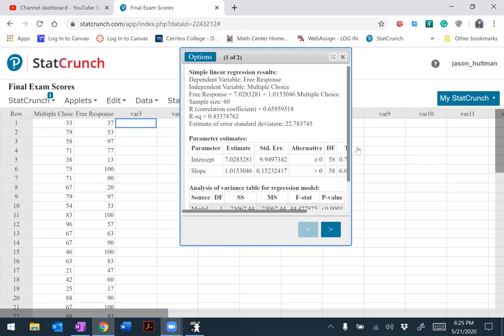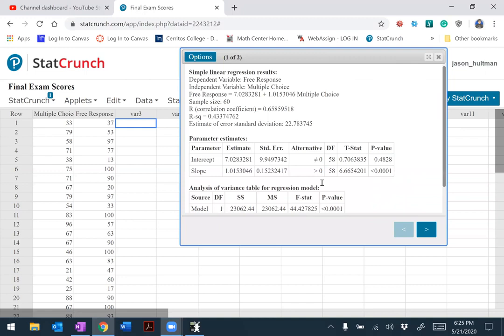I'm really looking, let me open this up here. I'm really looking at the slope. I don't really care about the intercept. The slope they calculated, for the free response, let me write this down real quick. The free response is equal to 7.03 plus 1.01 times the multiple choice.